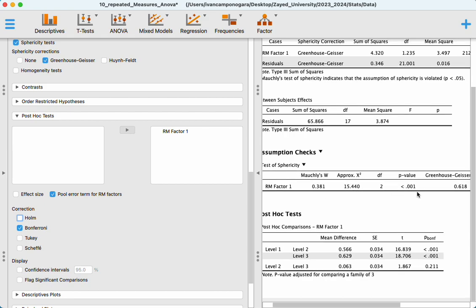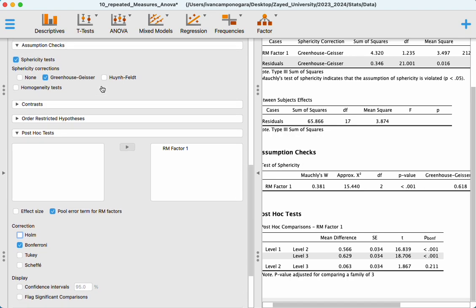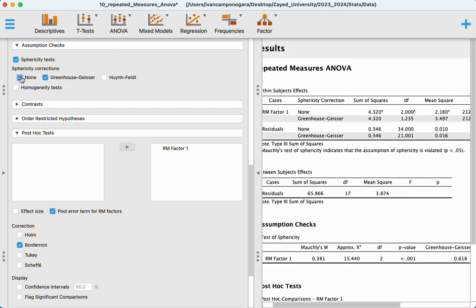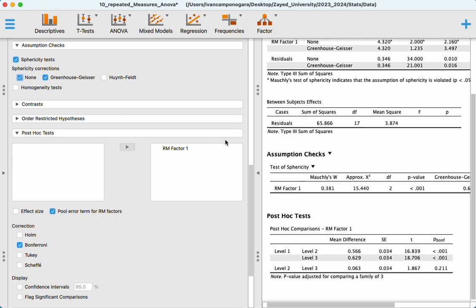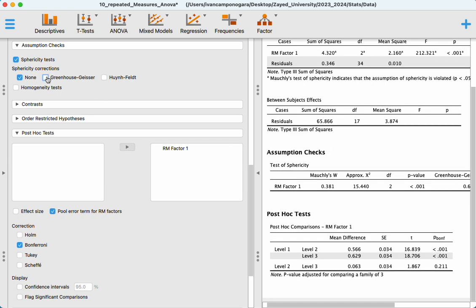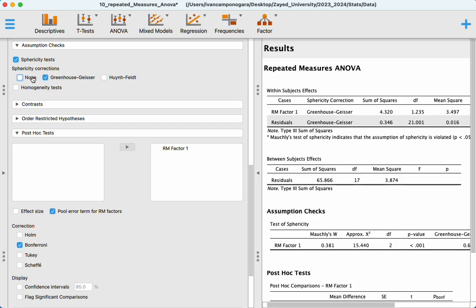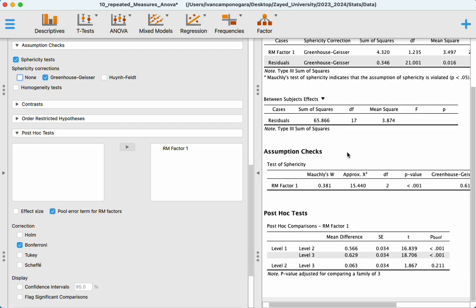If the sphericity assumption was met, so the p-value here was higher than 0.05, I don't apply any sphericity correction, and I just click none, okay? That's it. But since the sphericity is violated, I have to apply my Greenhouse-Geisser correction, okay?